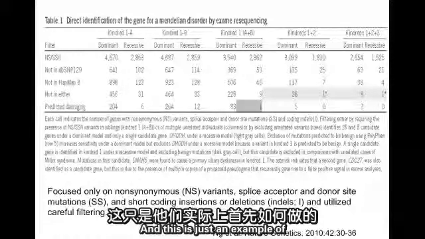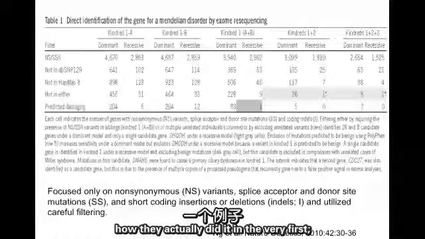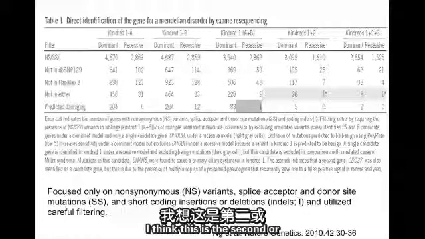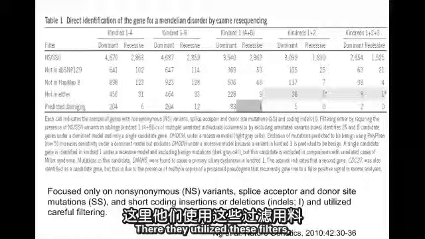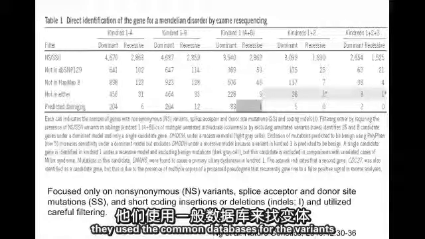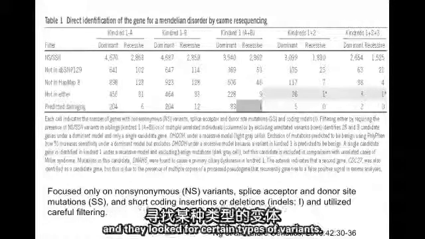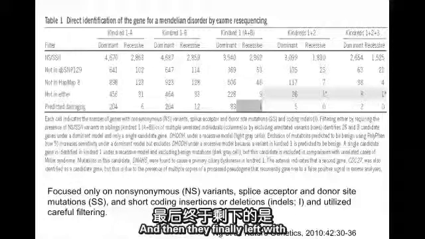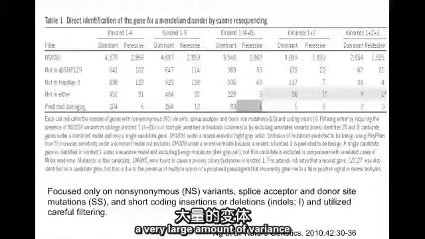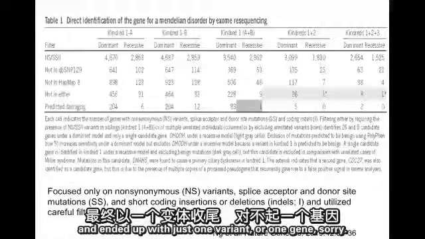And this is just an example how they actually did it in the very first, I think this is the second or third exome sequencing paper. There they utilized these filters. They used the common databases for the variants, and they looked for certain types of variants, and then they utilized the control exome sequences, and then they were finally left with a very large amount of variants and ended up with just one variant, or one gene, sorry.